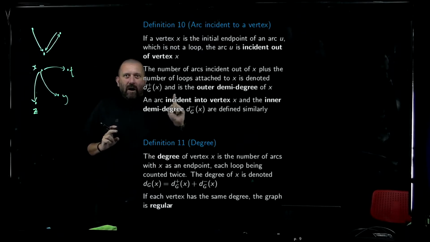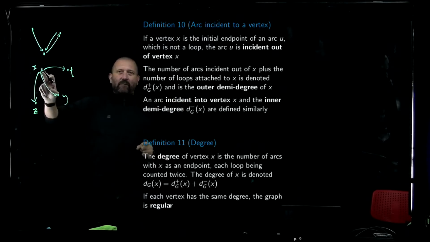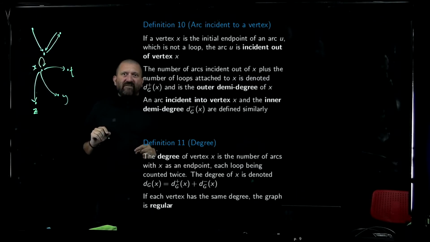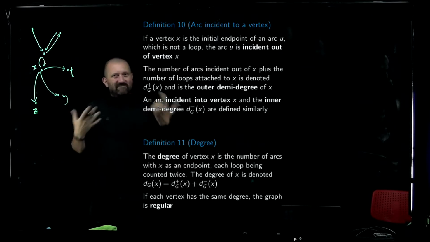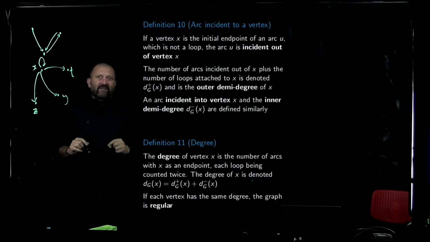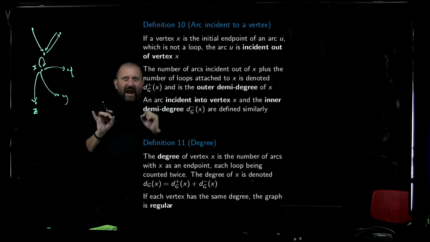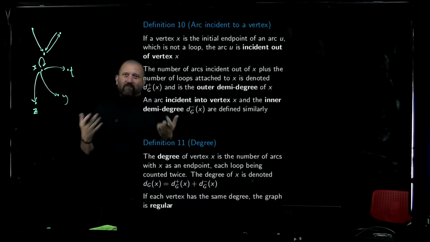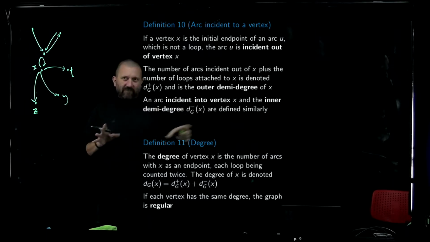The number of arcs incident out of x, plus I would add something like this that would also count in that count. When I count this, I get this thing here, dg plus of x. So this is the outer degree, okay? We'll often talk about the degree, but you'll see it below.